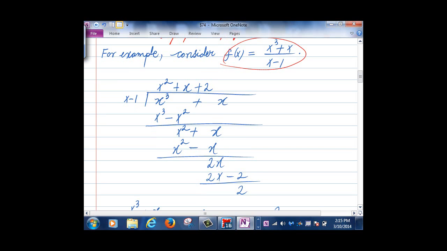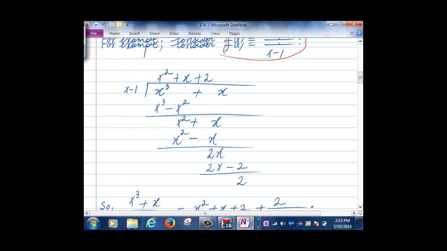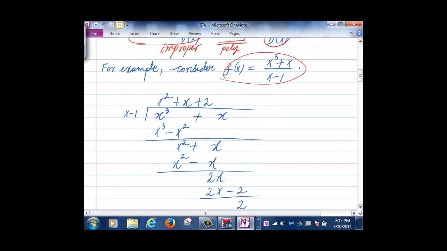All right, so here's a polynomial division. I am going to divide x cubed plus x by x minus 1. So here is my, what do you call this guy? You call that guy the divisor, right? And this first row here, what is that called?